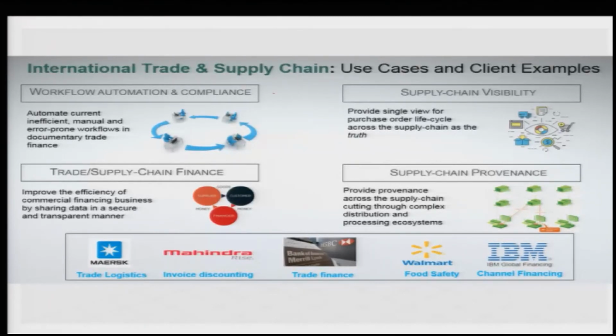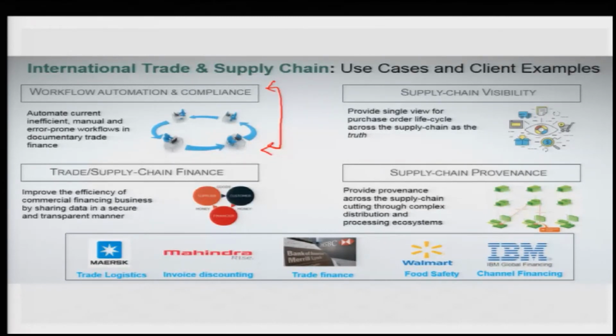So workflow automation and compliance is something that has been tried, and the idea is that when you have a workflow in terms of a business process, for example, a customer comes and makes a negotiation, signs a contract, then certain deliveries are done, deliveries are tested, testing is then reported for compliance, then the payment is done. All these things usually are done from desk to desk or from office to office in separate systems.